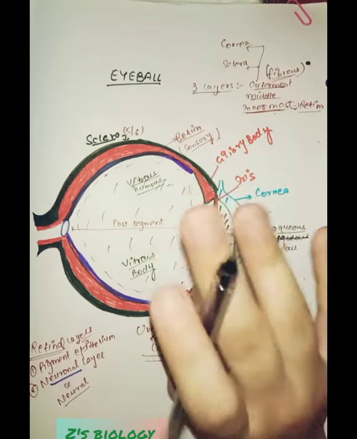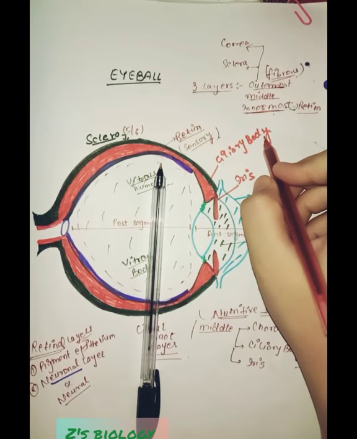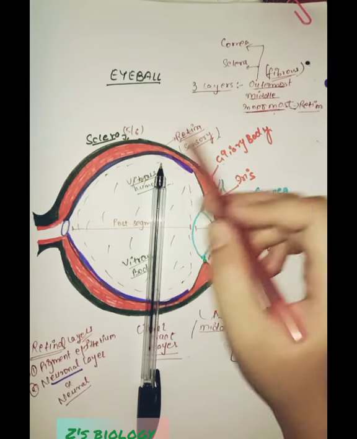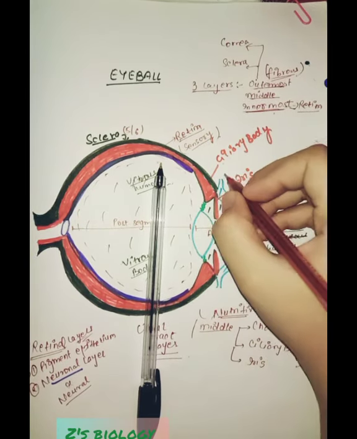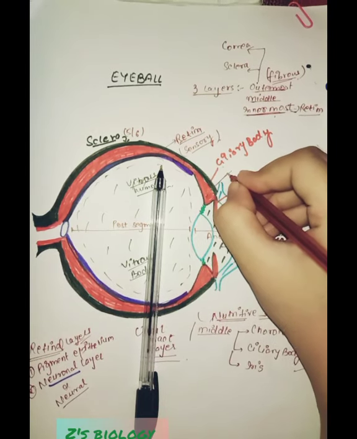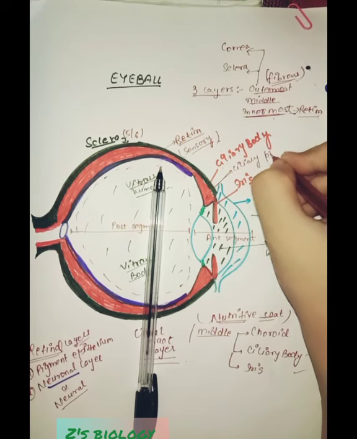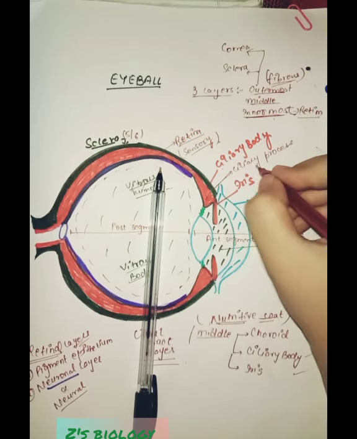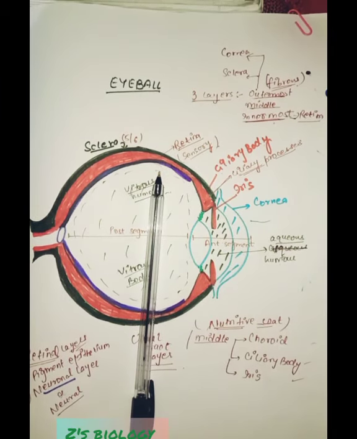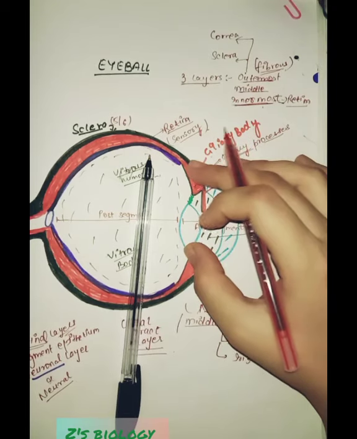Okay, let me explain the ciliary body in detail. I have told you that this is part of the middle layer of the eyeball: choroid, iris, and the ciliary body. In the ciliary body, we have the ciliaris muscle and the ciliary processes. The ciliaris muscle helps us in changing the shape of the lens.